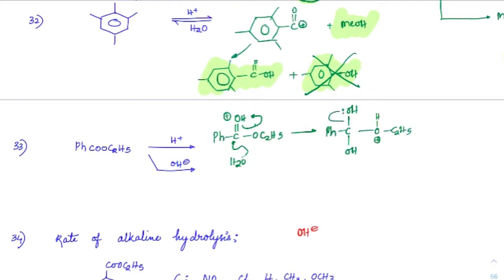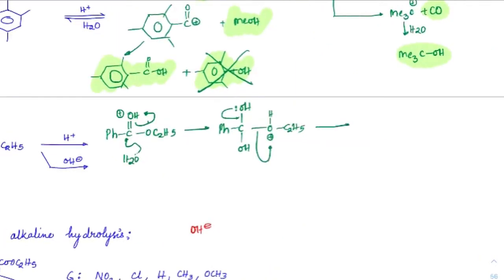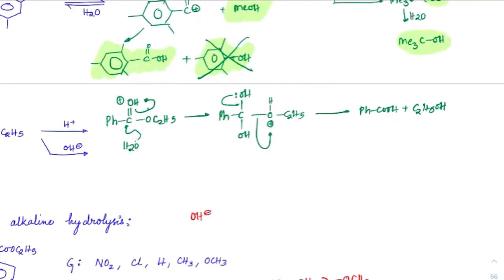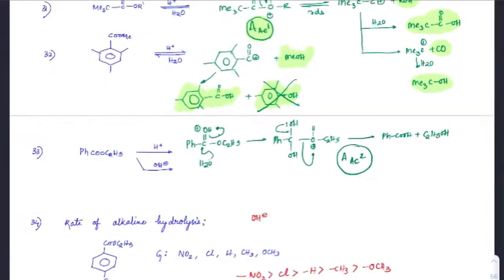Now the lone pair will support here. This group will go, and we will get this as acid PhCOOH plus C2H5OH. So in the slow step where the bond breaking is happening here, you can see both molecules have been involved here. So this mechanism is AAC2, acyl breaking twice. Molecularity is 2.